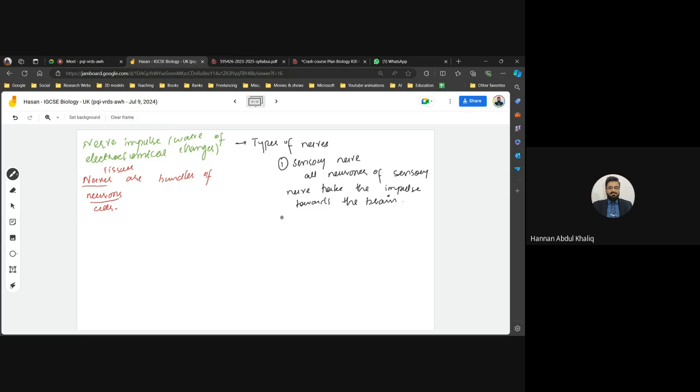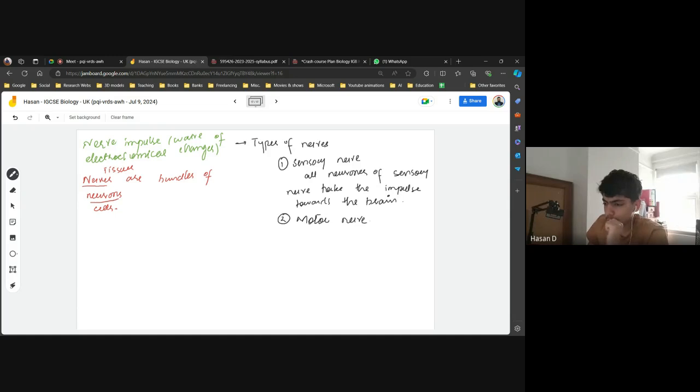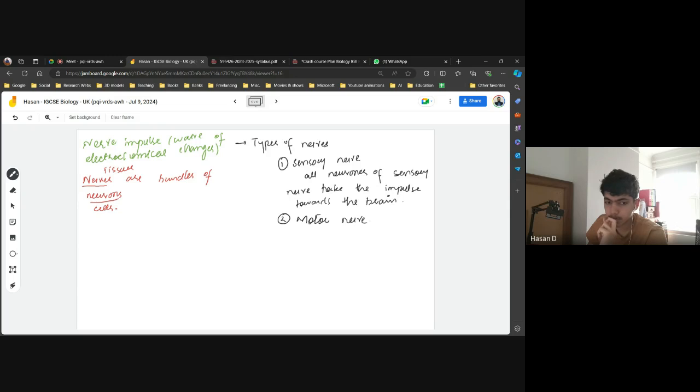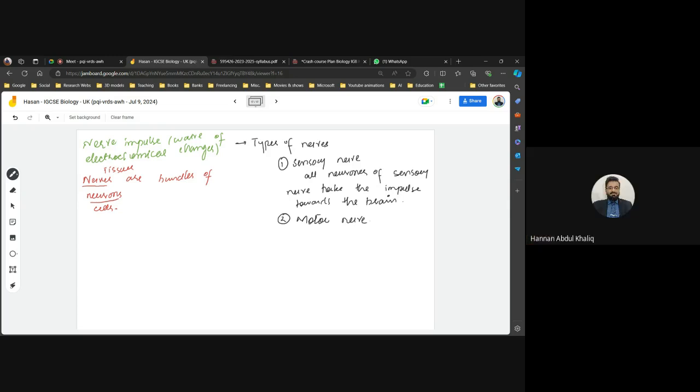The second type of nerve is the motor nerve. Now, how would you define it? Not sure. Try taking the help from the above definition.